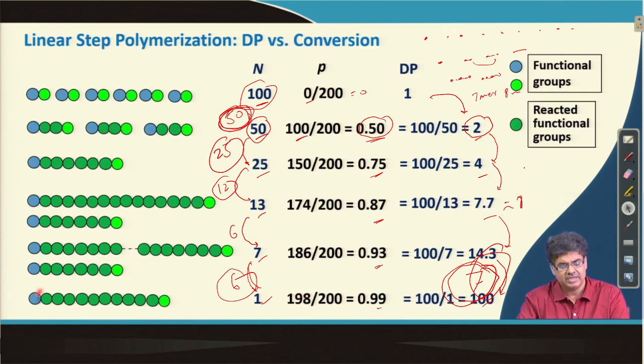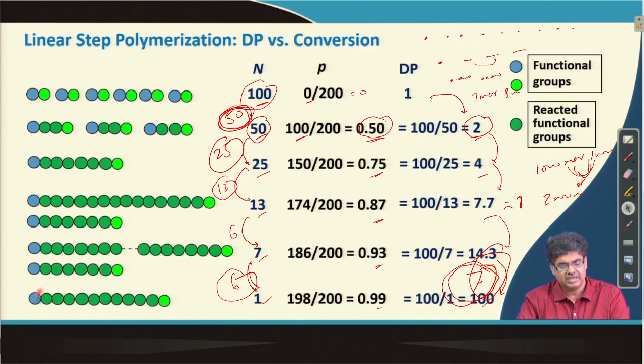Suppose after n time you will find a 1000-mer reacting with a 1000-mer. When a 1000-mer reacts with a 1000-mer, it will make a 2000-mer. Two molecules are reacting, and they just get a polymer which has 2000 mer.